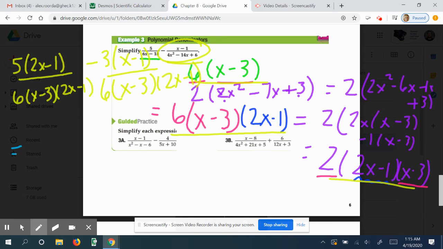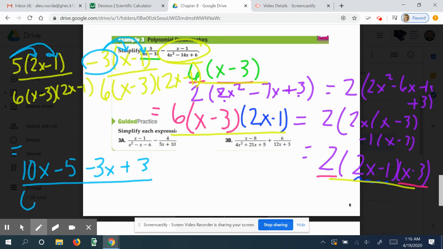And so what I'm going to do is distribute this 5, and then distribute this, we'll call it a negative 3 actually, to both of them. And we get 10x minus 5 minus 3x, and then plus 3, all over my whole least common multiple.